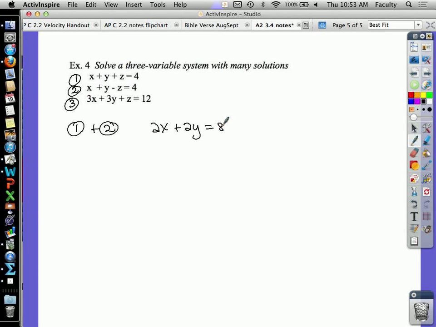But if it's a straight addition, I think we could do it. So then we're going to do equation 2 plus 3, and I'm going to get 4x plus 4y equals 16. Do you see how I did that? If it's just a straight addition of two equations, you can just do it mentally. So, excuse me, there's my system.